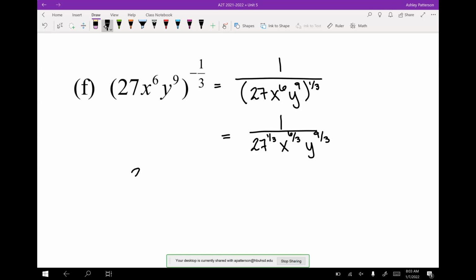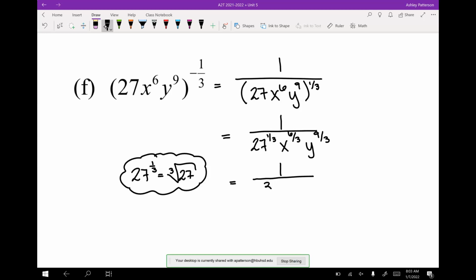Now, 27 to the 1/3 power is what in radical form? Excellent. The denominator is the index, so it's the cube root of 27. What does this simplify to? Good. So we have 1 over, the cube root of 27 is 3.